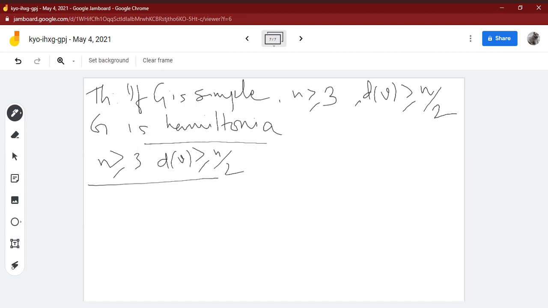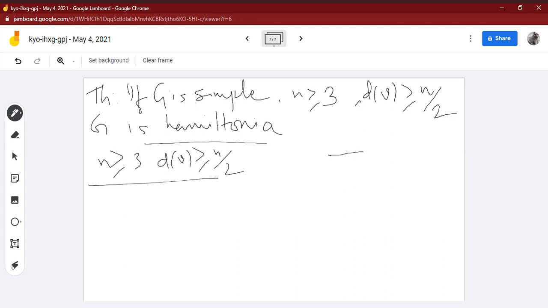Now we draw one supergraph of this graph. That supergraph will also have the same vertex set, because we have only added edges, not vertices. It also has every vertex with degree at least n by 2, because by adding edges we haven't reduced the degree, we have increased the degree.